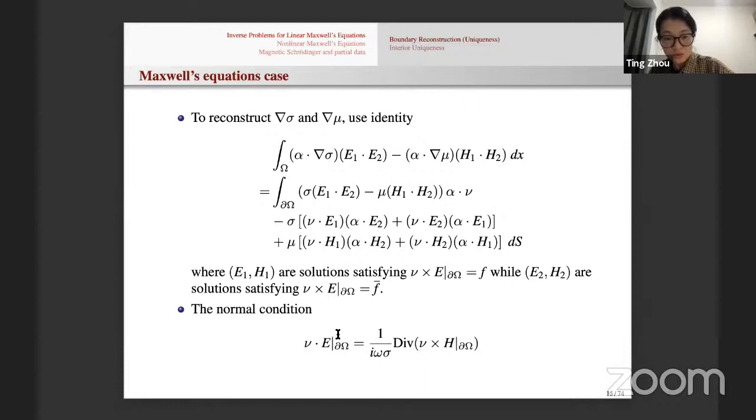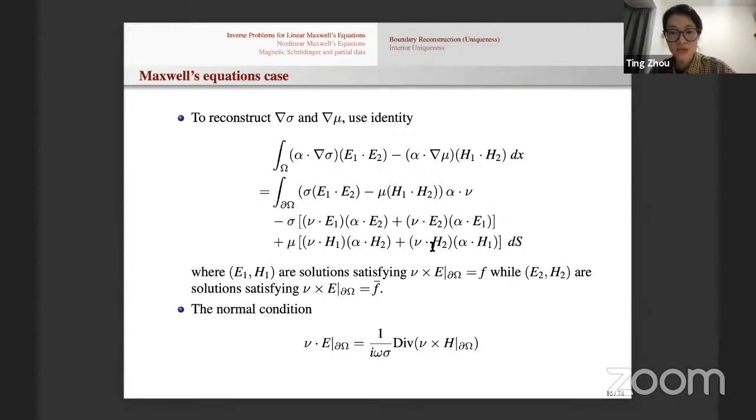Okay, so the normal component here: because for the admittance map, we only have the tangential component. But using Maxwell's equations, we can get the normal component of the electric field by taking the surface divergence of the tangential magnetic field. So this again borrows a feature from Maxwell's equations.